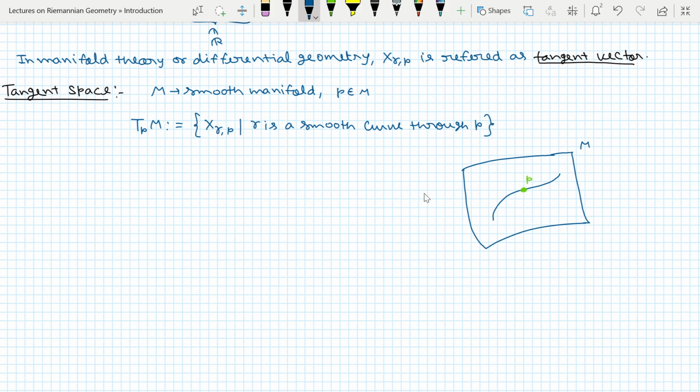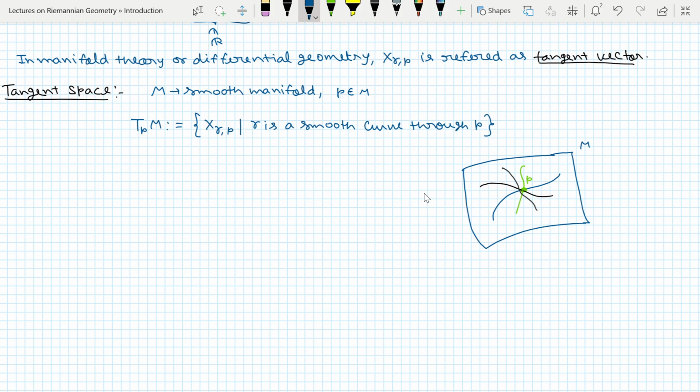You can go with a different pace, like twice as fast or thrice as fast. Other than that, you can also have this curve, or this curve, all the curves passing through the point P. We collect all of them in this set. That set is the tangent space.